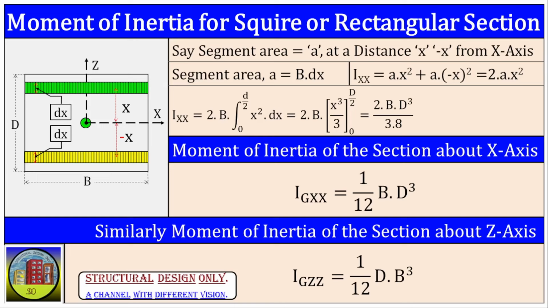Similarly, Izz of the whole section equals 1 by 12 into d into b cube, where b is the length of the square or rectangle and d is the depth of the square or rectangle.